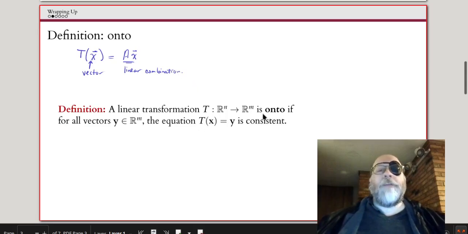And we say that a linear transformation is onto if anytime I pick a vector y in the range, the equation T of x is equal to y is consistent. That is, I can always solve this equation and I never get an inconsistent system.